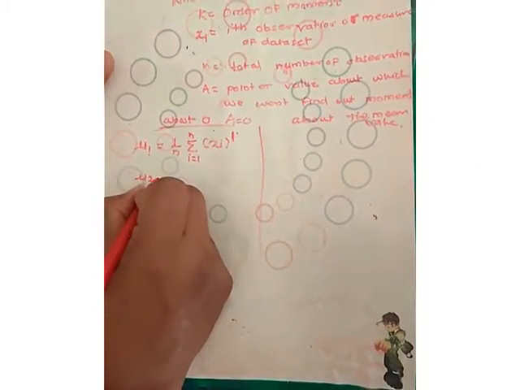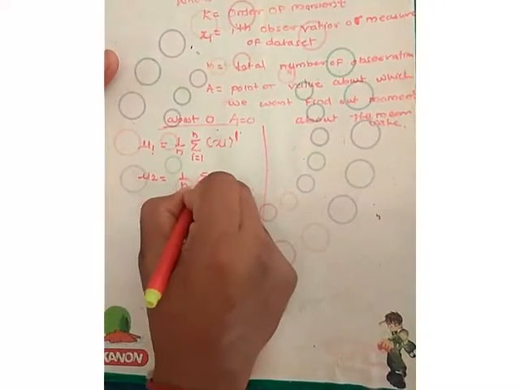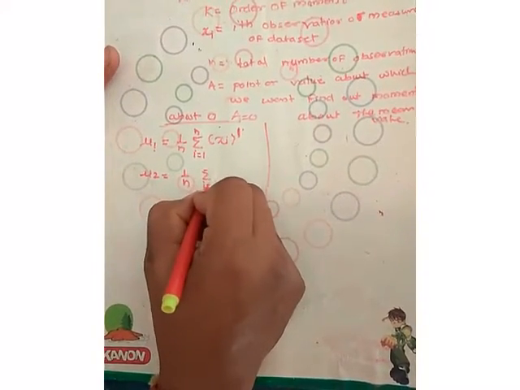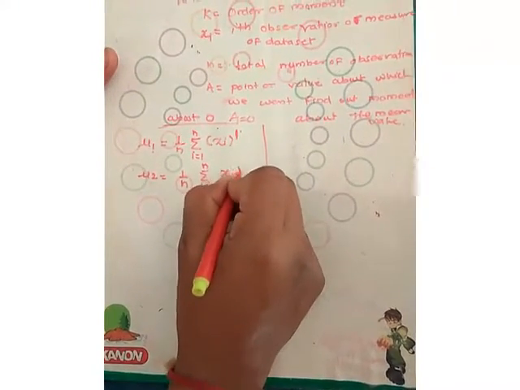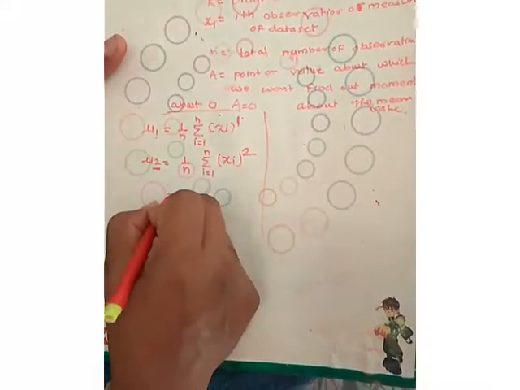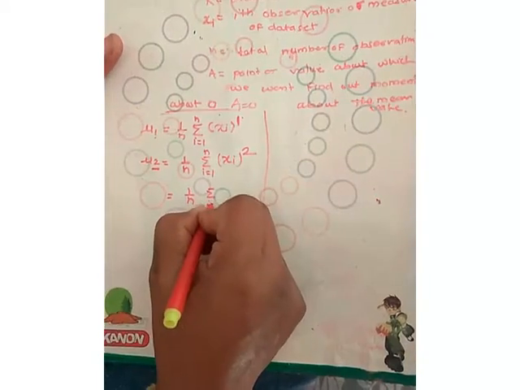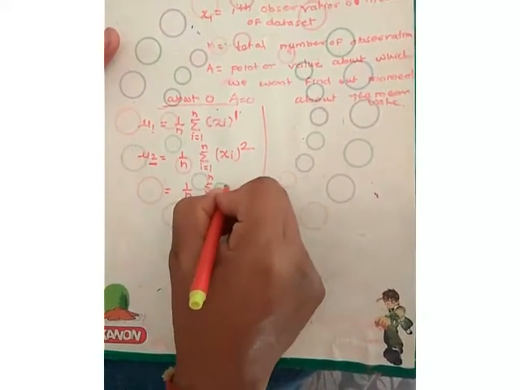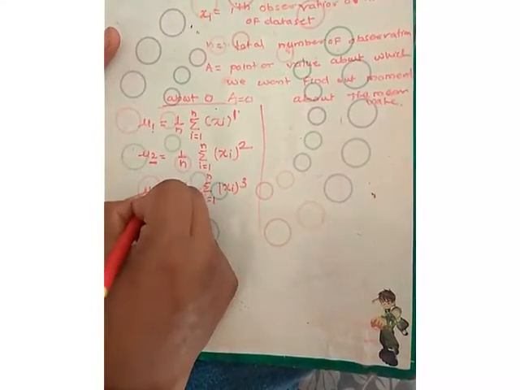The second order moment will come like this: 1 upon n, the summation of i from 1 to n of the observations xi. Here the order is 2, so I am writing 2 here. For the third one, i is equal to 1 to n, xi raised to the power 3, about mu 3.